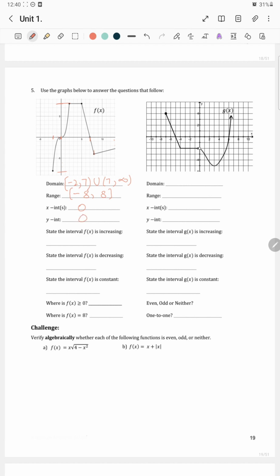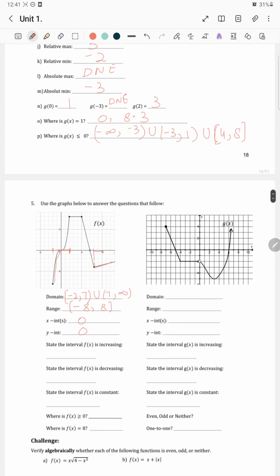Interval where f of x is increasing, going upwards: minus 2 to 2, here the graph is increasing, then it's constant, and here it's decreasing, then it's increasing again from 8 to positive infinity.